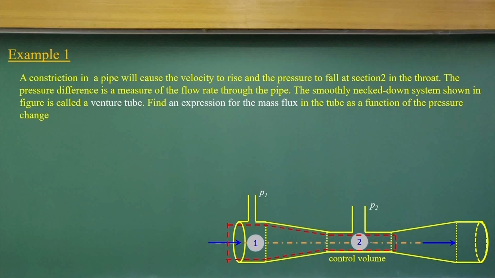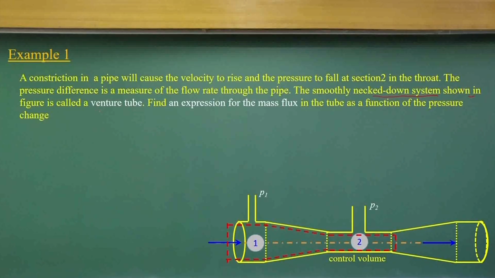That is what we know from the very beginning of Bernoulli's equation. The pressure difference is a measure of flow rate through the pipe. The smooth neck-down section shown in the figure is called a venturi tube. Find expressions for the mass flux in the tube as a function of the pressures and the pressure change, which is very simple.